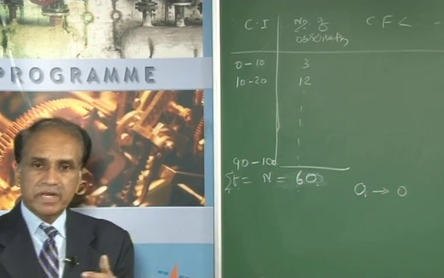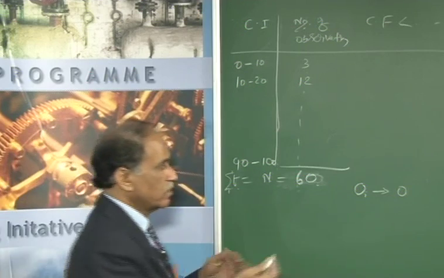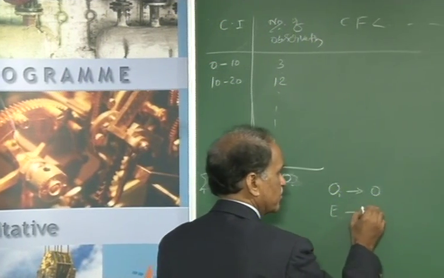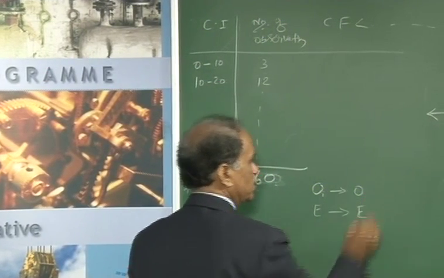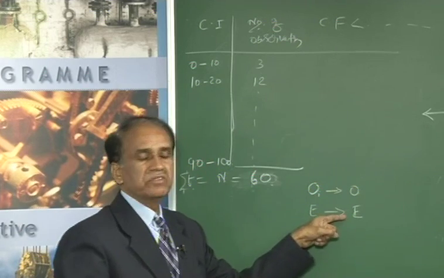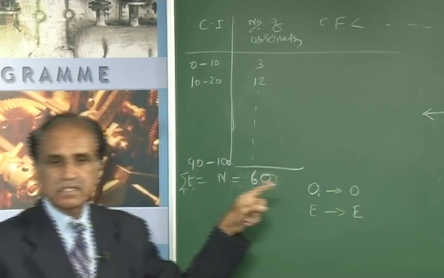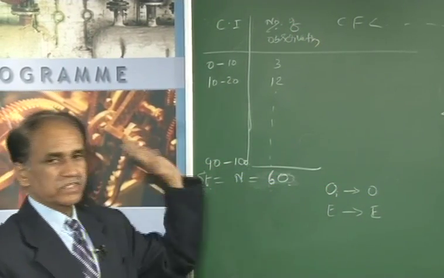Then by an equation you calculate new frequencies, which we call expected frequencies, E. Then what is the difference between O and E? It is to be concluded through the chi-square test concept.